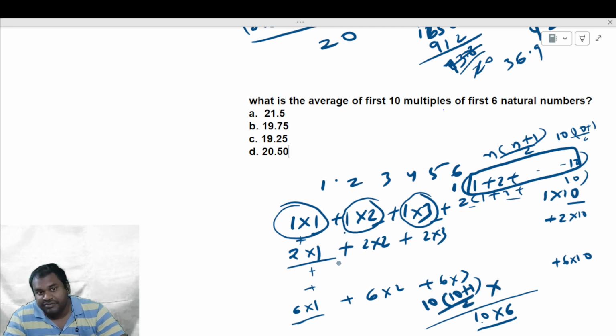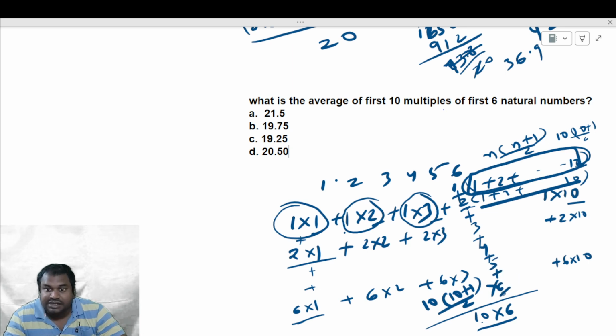Next, in the same way, when you have taken one common, you are getting the sum of first 10 numbers. When you are taking two common, again the sum of first 10 numbers. Now you take the sum of first 10 numbers common, then you will get the addition of 1 plus 2 plus 3 plus 4 plus 5 plus 6.